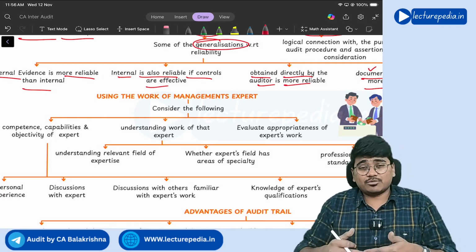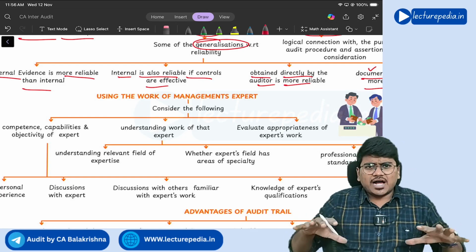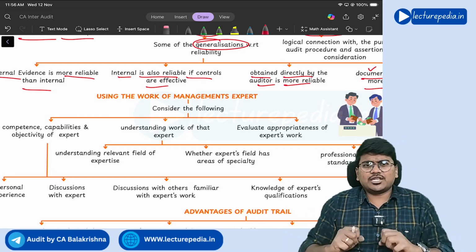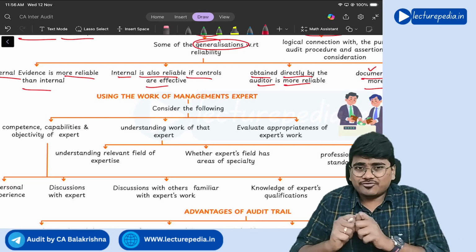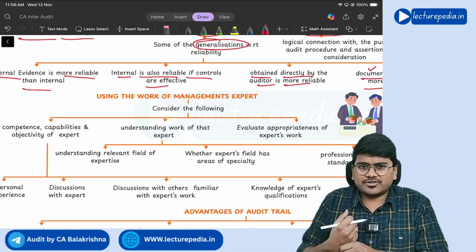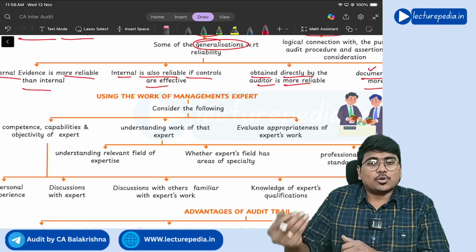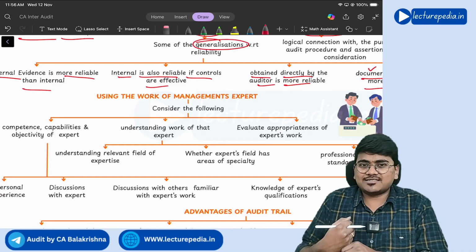If they stay for more than 5 years, how much amount we have to pay, like this. A lot of assumptions and calculations will be involved in the case of provision for gratuity. Now management cannot calculate this provision for gratuity themselves. They have to depend on some expert who can help the management in making these calculations.